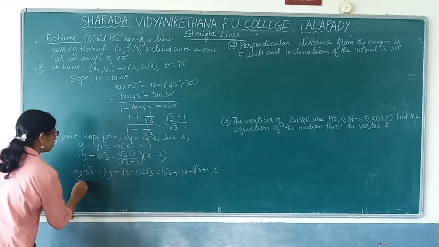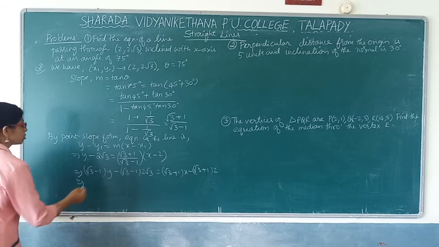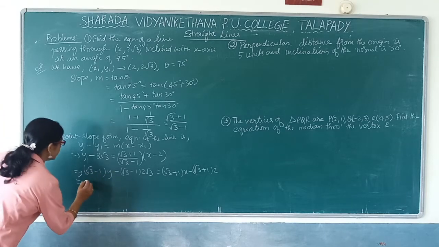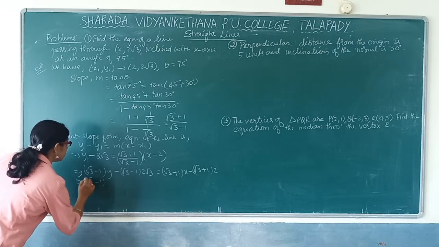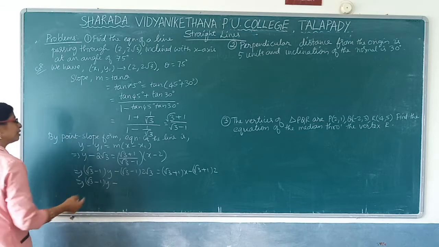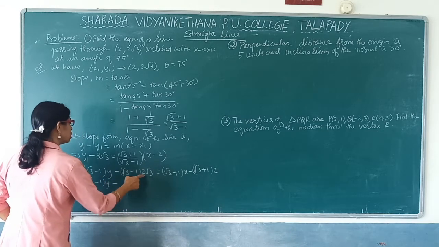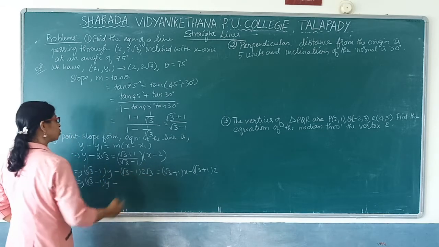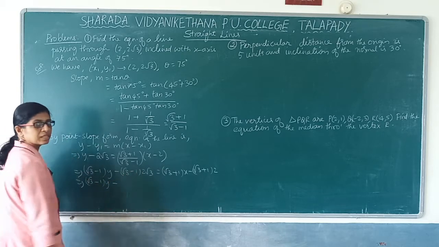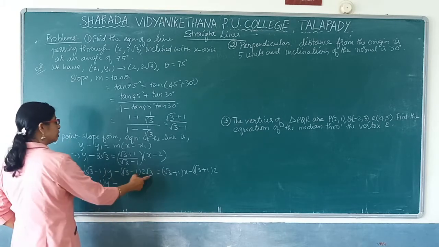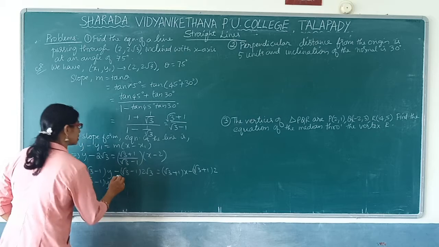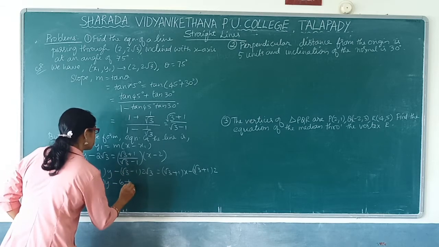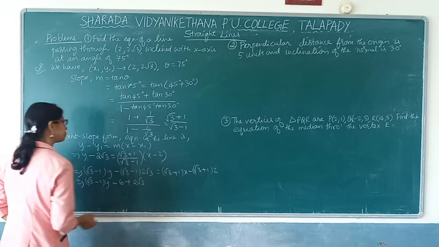Now we will expand and simplify. This is the y term, no need to simplify because there is no other y term here. Only the constant terms we will expand. So 2 into root 3 into root 3; root 3 into root 3 is nothing but 3 itself. 3 twos are 6, so minus 6. Minus of minus, plus 2 root 3.